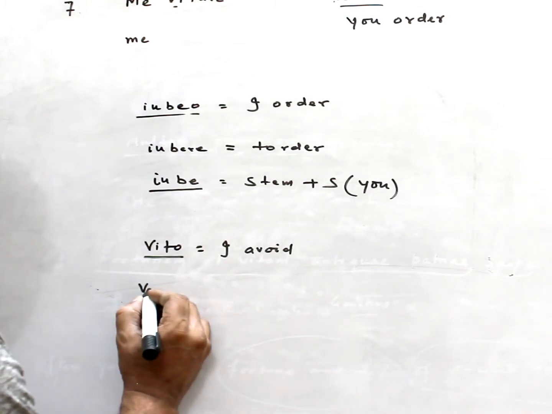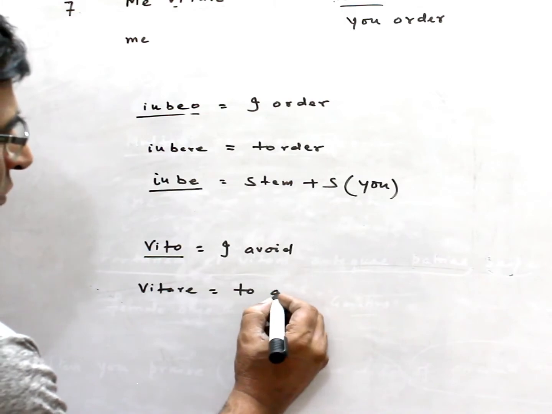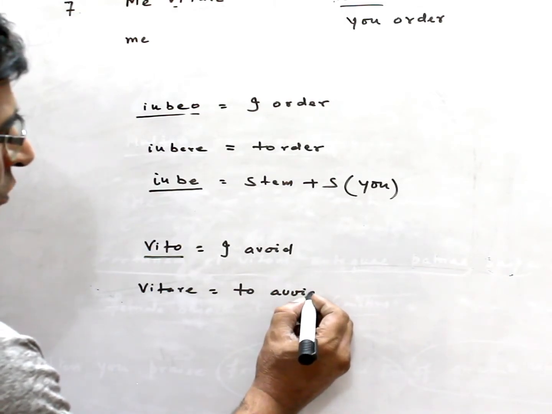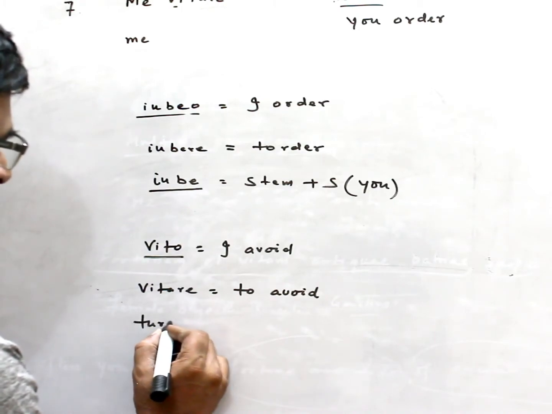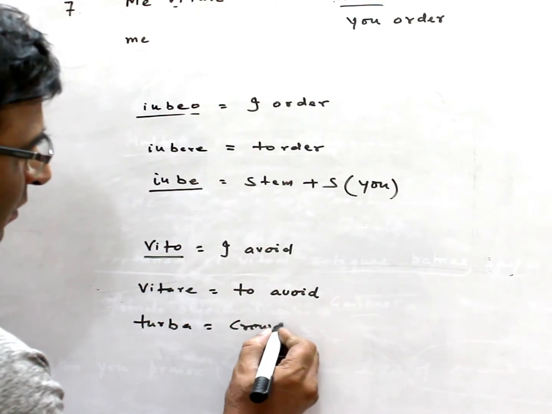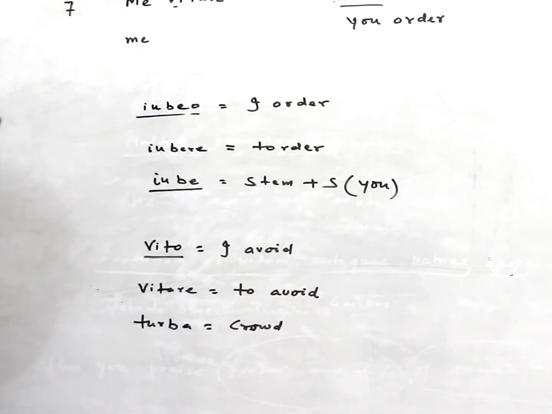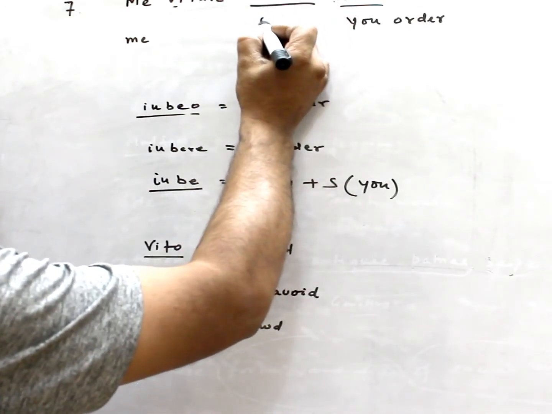So vitare is to avoid, and turba is crowd. So here M is added, turbam, that means it is objective.